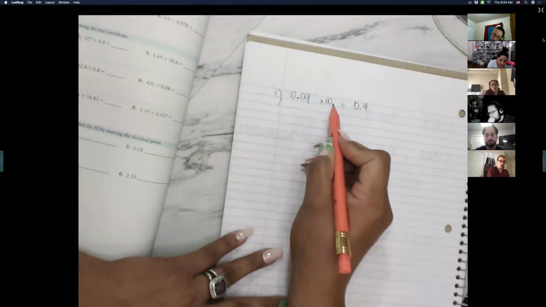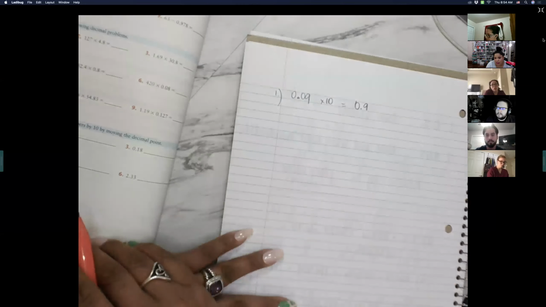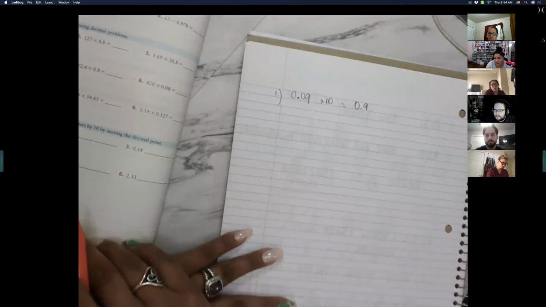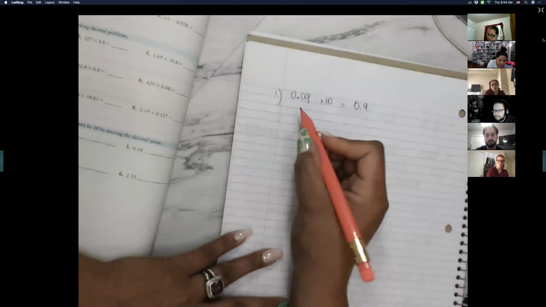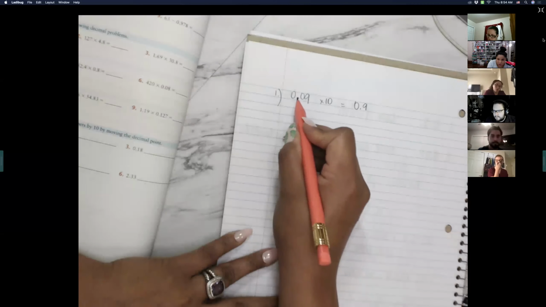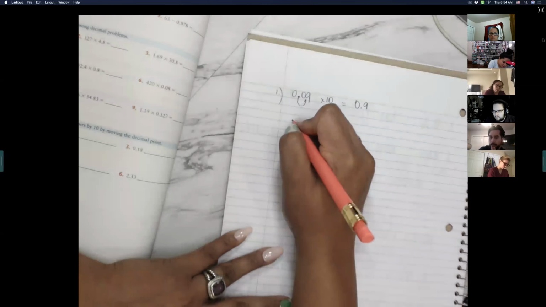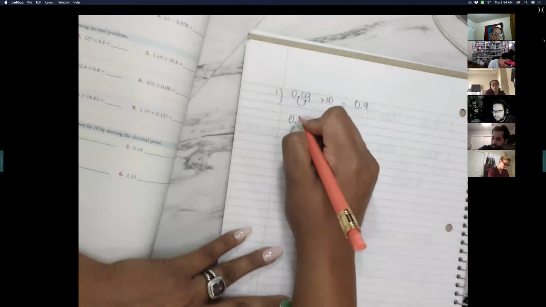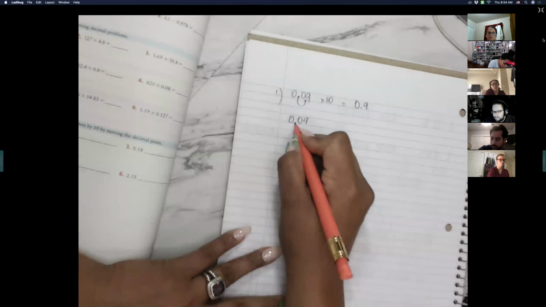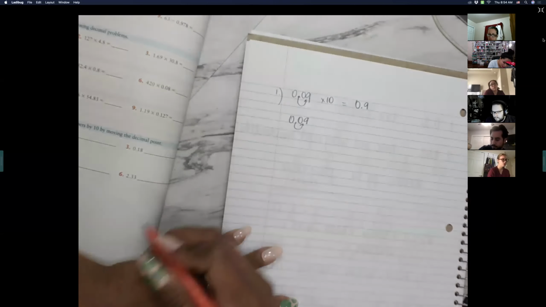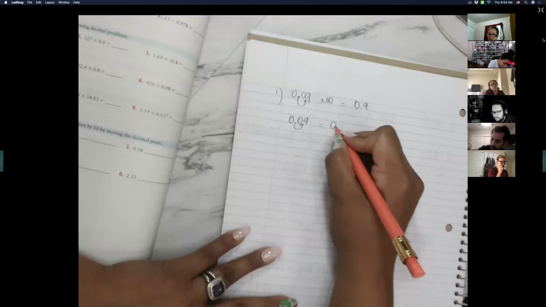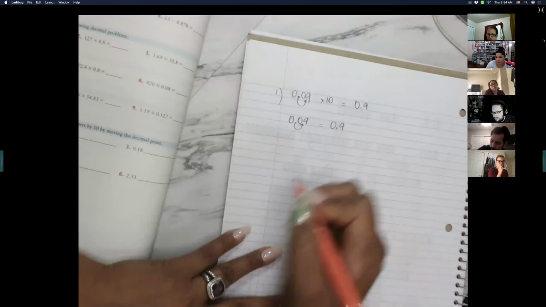How many zeros are on the right-hand side of the 10? 1. So I take this decimal and I move it right one place. And that also would give me, so if I had 0.09 and I move my decimal one place to the right, that gives me 0.9.